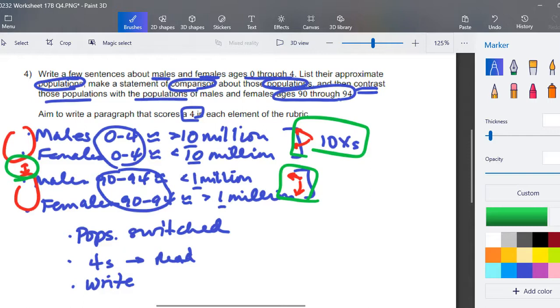The population ages 90 through 94 represents about 1/10 of the 0 through 4 population. And although males outnumbered females in the early stages, women outnumbered males in the latter stages. So we did another one comparing the two sections. So there we have a great paragraph. It's going to get lots of 4s.